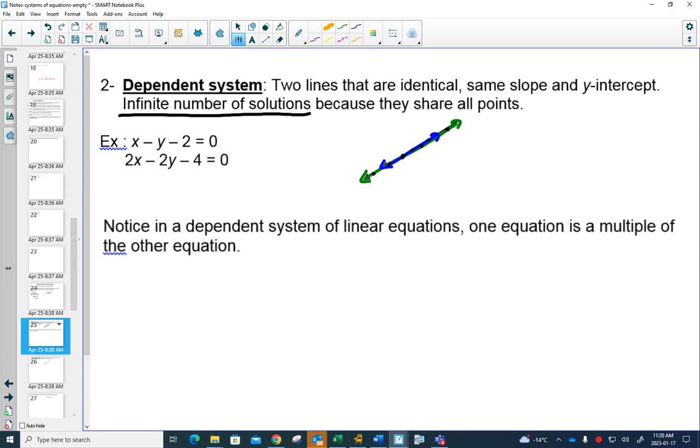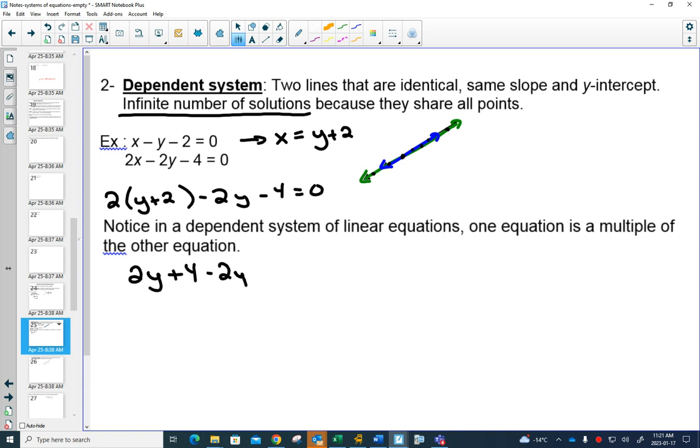So in this one, watch what happens if I try to use substitution. Can you see that equation 1, it would be easy to get x by itself. X is equal to y plus 2. If I use substitution, and then in the second equation, where the x is, I write y plus 2, I end up getting 2y plus 4 minus 2y minus 4 equals 0.